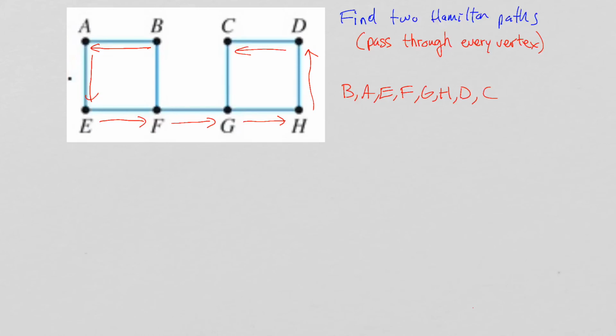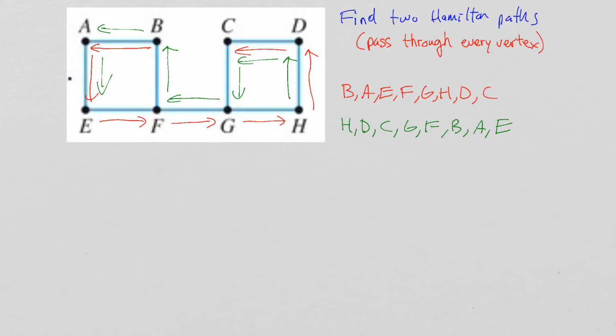Okay, so to find a different path, let's say we started at H, and we go up to D, to C, to G, to F, to B, to A, and then to E. And that would be another example. So we started at H, went to D, C, G, F, B, A, and then E. And there you have it.